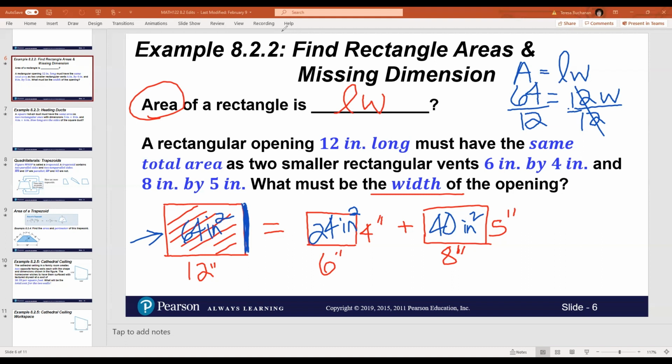Let's talk about these units a little bit. In the calculator, you see that it says basically 5.3 repeating inches. Well, this is a third.